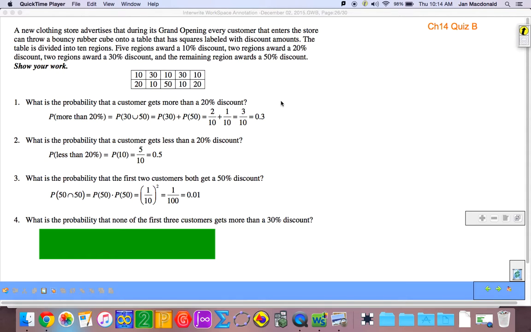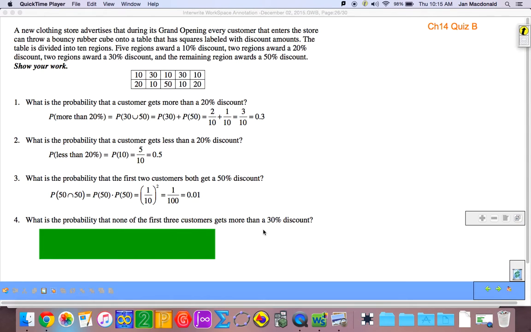Well, what's the probability that none of the first 3 customers gets more than a 30% discount? That's the probability that the first customer gets no more than a 30% discount, and the probability that the second customer gets no more than a 30% discount, and the probability that the third customer gets no more than a 30% discount.